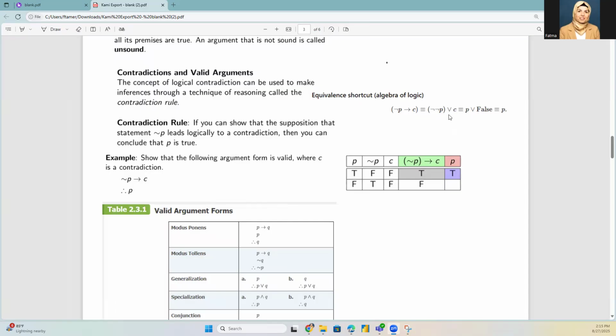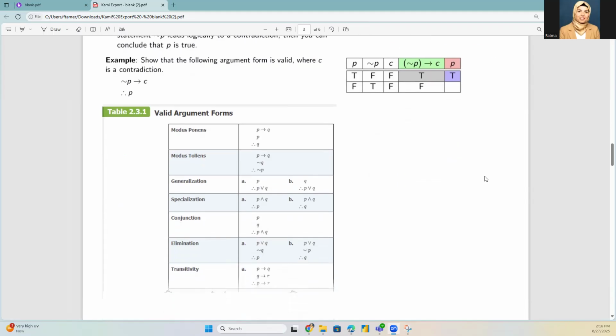So this will be just P or C, and a contradiction is always a false statement. So whenever you OR your P with a false statement, the result depends on your P. So this is how we can prove this contradiction rule. And remember, in this case, when the premises are true and the conclusion is true, this only happens when P is true.